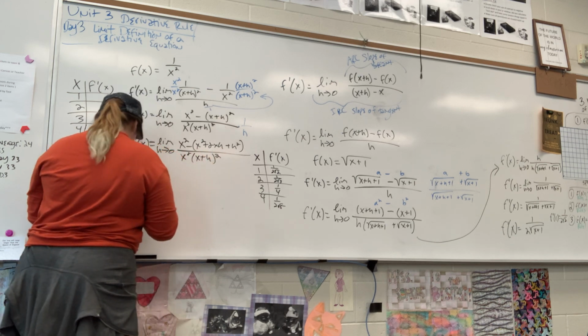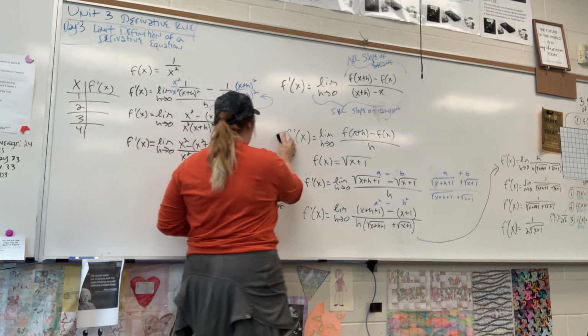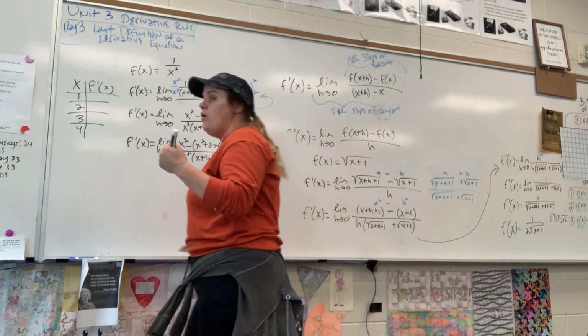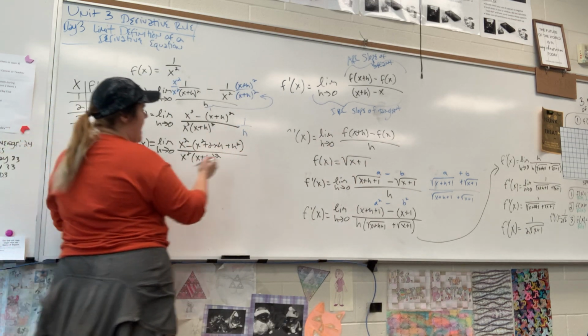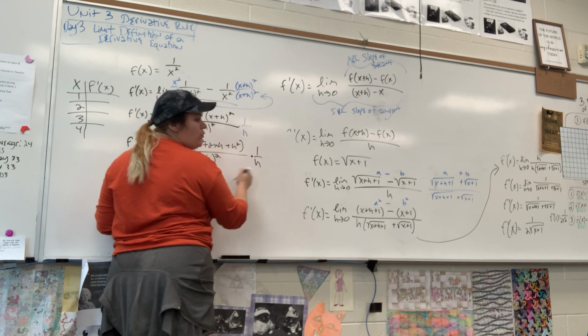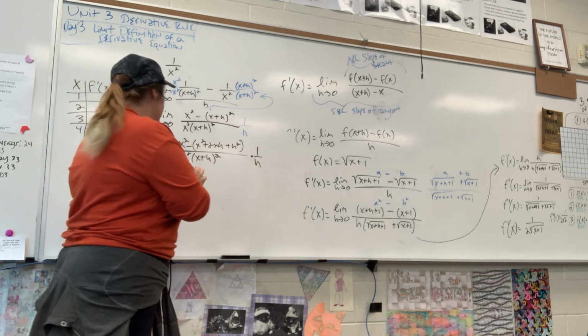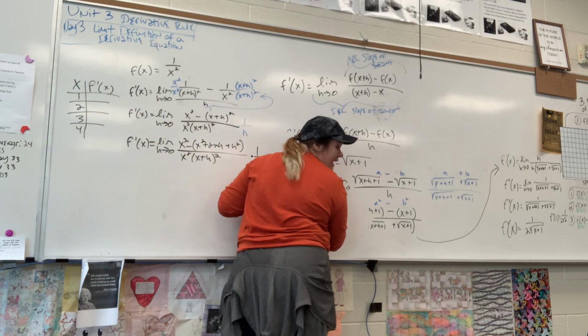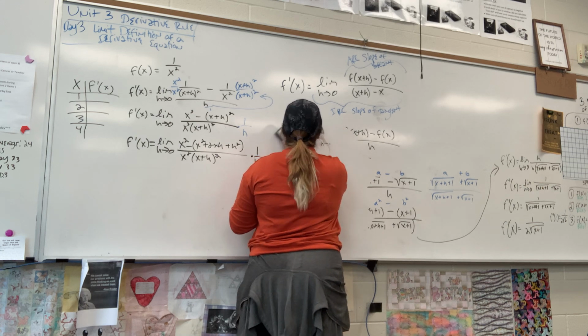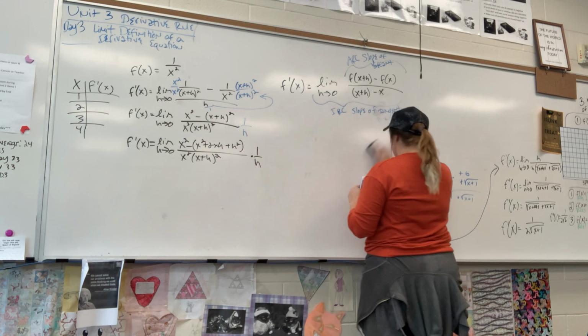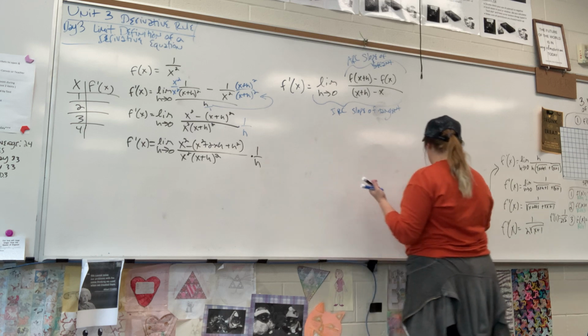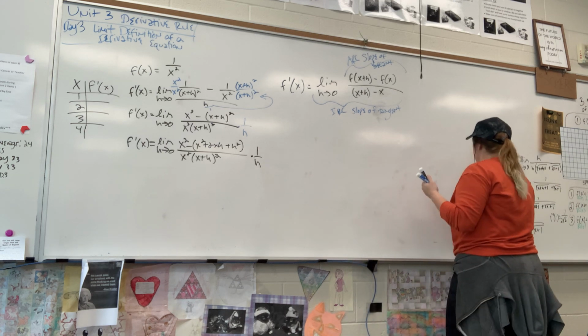Some people take the time to FOIL out the bottom, but we're about to put in h is 0, we hope, eventually anyway, right? So I wouldn't even worry about that. You can, I just think it's a step that doesn't matter if you do it, and it's just another chance to mess up on your algebra. Does that make sense?